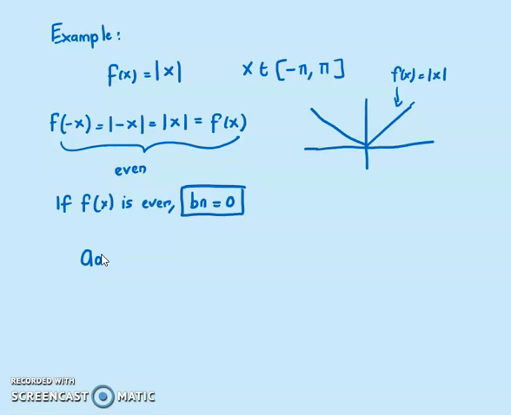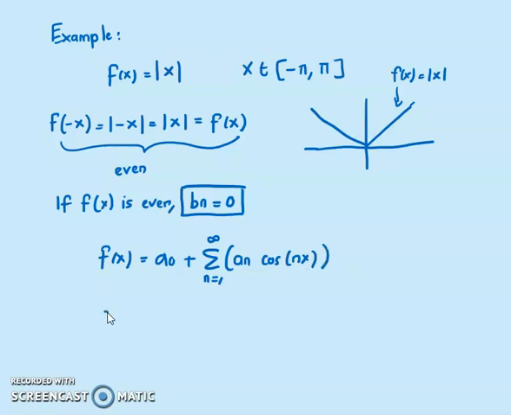Let's write the series first. The series of f(x) for this is given by f(x) equals a naught plus the summation n equals 1 to infinity of a_n cos nx, since b_n is 0.